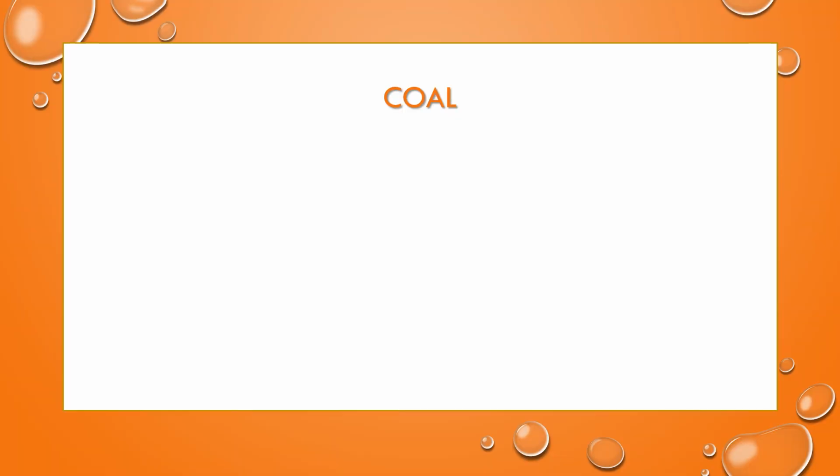Okay, so coal is like the solid rock form of fossil fuels that has resulted from like millions of years of plant matter or animal matter decaying and being reduced, so that way it has a lot less oxygen and is mostly carbon and hydrogen.